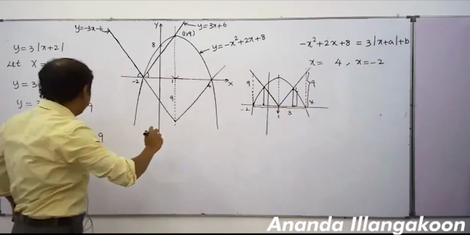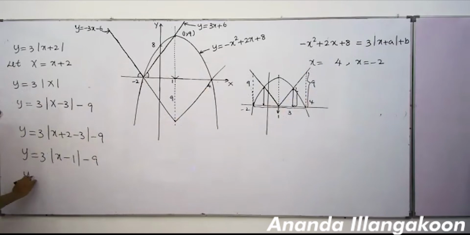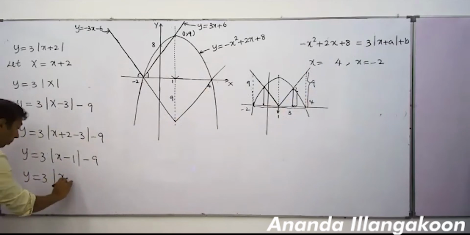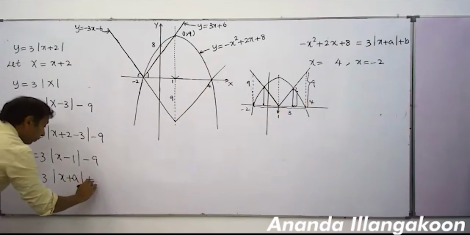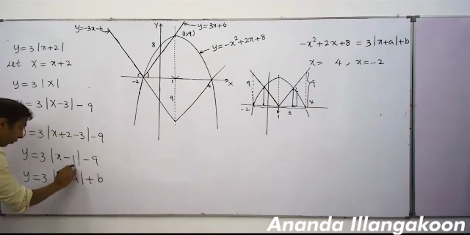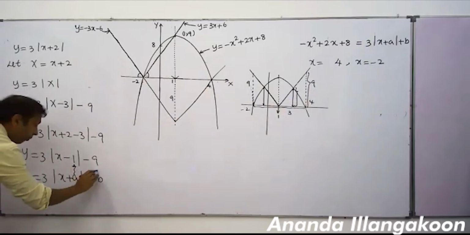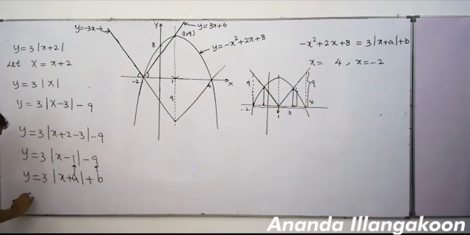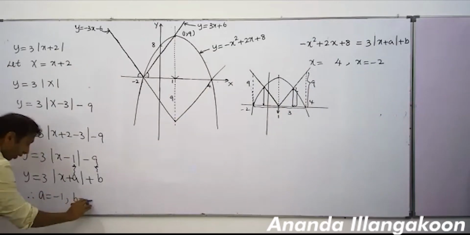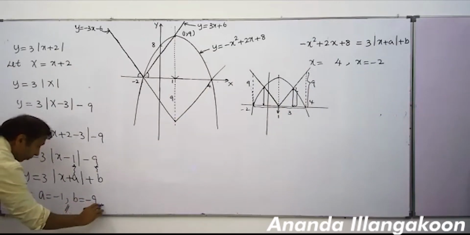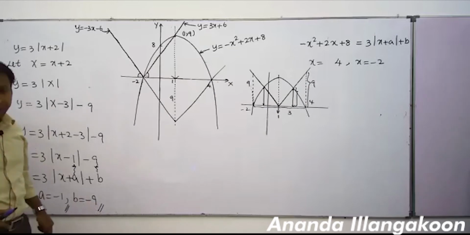What do you have there, people? y equals 3 times mod x plus a, plus b, no? Then what is the place of a we have? -1. Place of b we have -9. Therefore, a is -1, b is -9. This is how we get that answer.